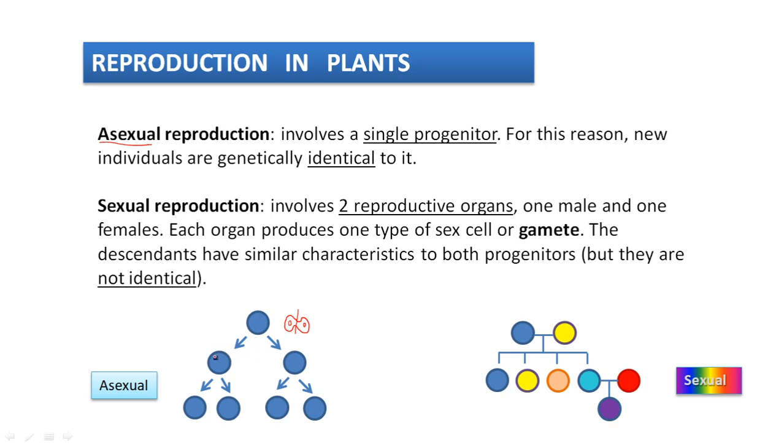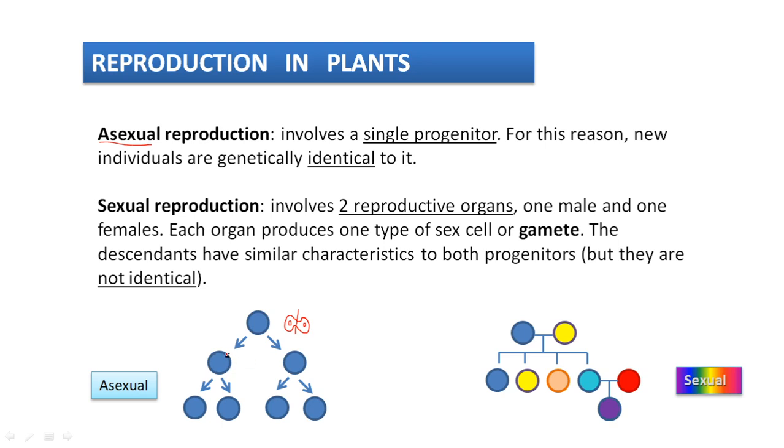Because these individuals come from this single progenitor, they are genetically identical. That means that they have the same characteristics, the same structure, everything. They are like clones, like identical twins, copies of the original one.